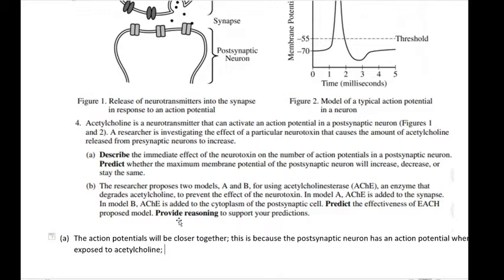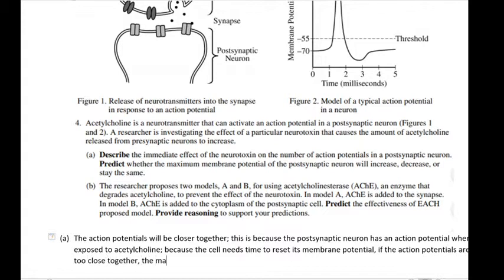If the cell isn't given sufficient time to reset, that next action potential isn't going to peak quite as high. Because the cell needs time to reset its membrane potential, if the action potentials are too close together, the maximum membrane potential would likely decrease.